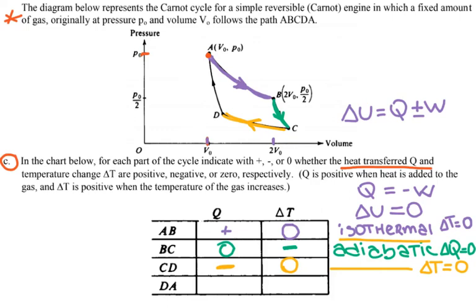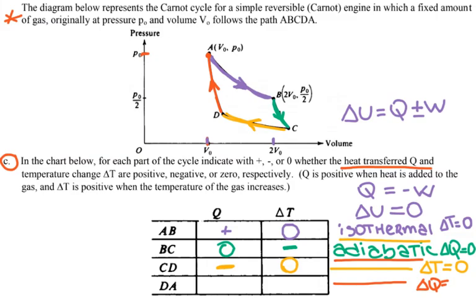And the last process, from D to A, again is adiabatic. That means the change of the heat is equal to 0, so Q is equal to 0.